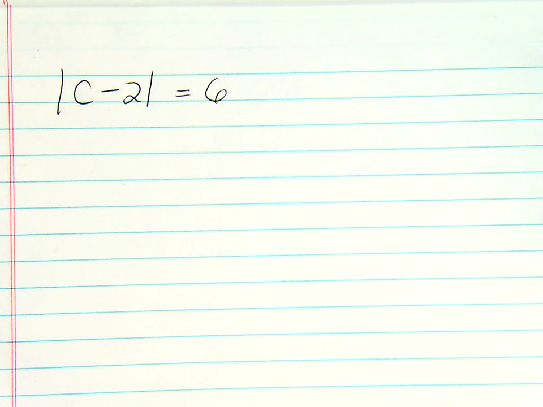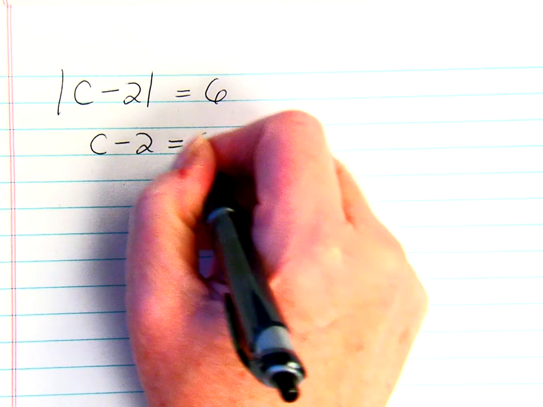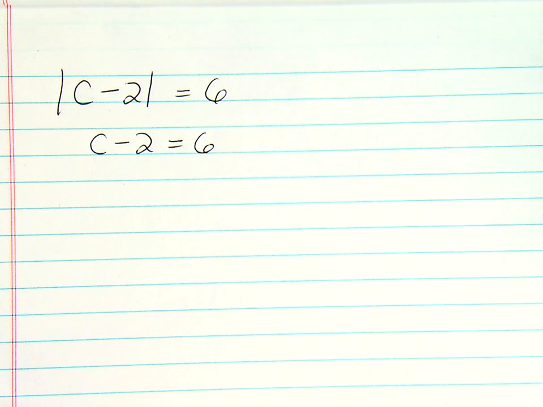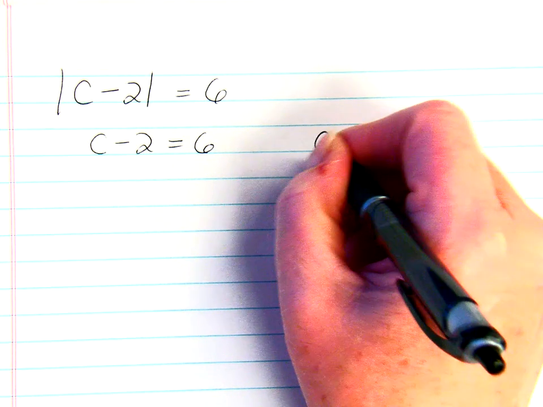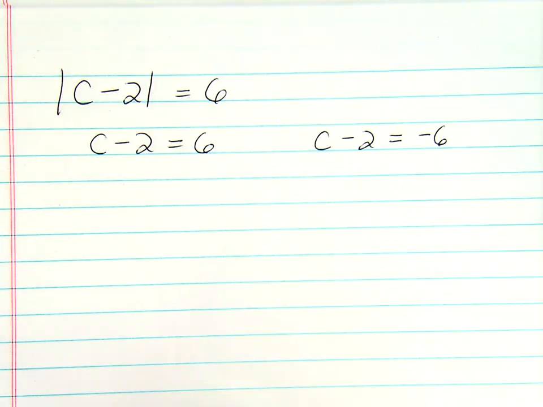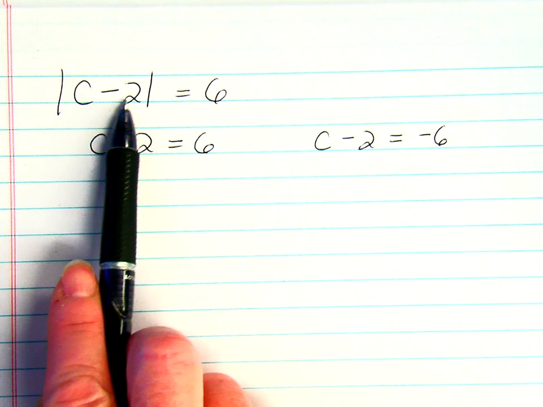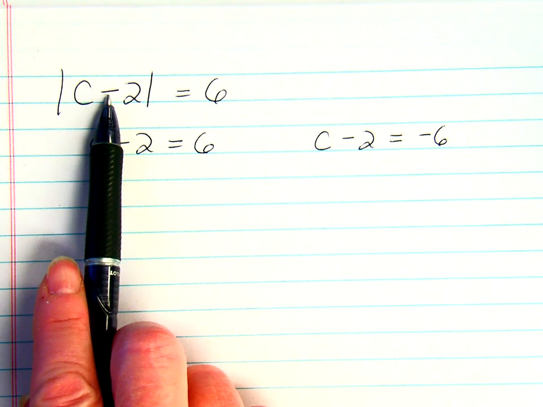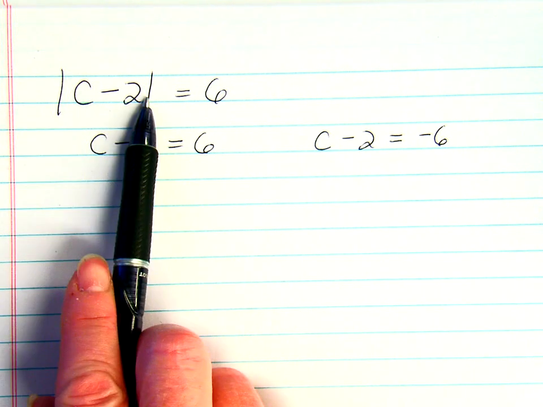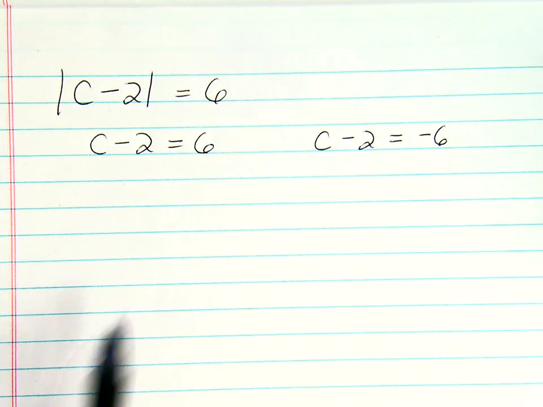So the way we're going to solve this is we are going to say c minus 2 is equal to 6, but we are also going to say that c minus 2 could be equal to -6, because we know that if this answer came out to -6, the absolute value of it would equal 6.